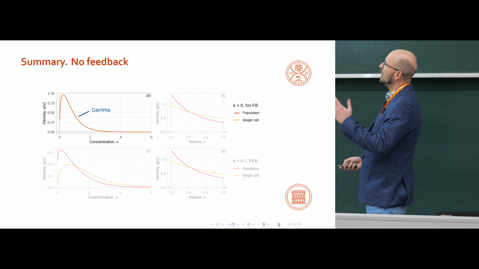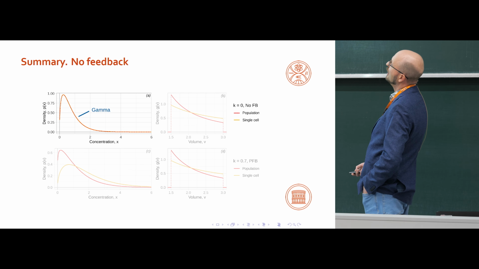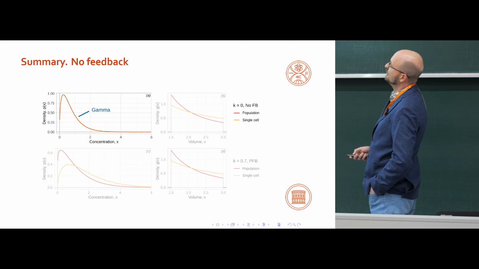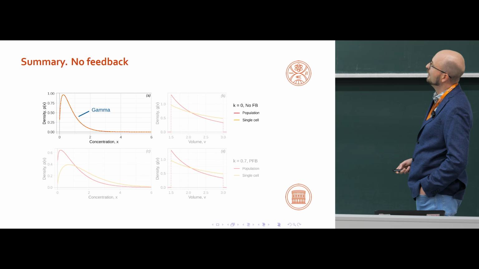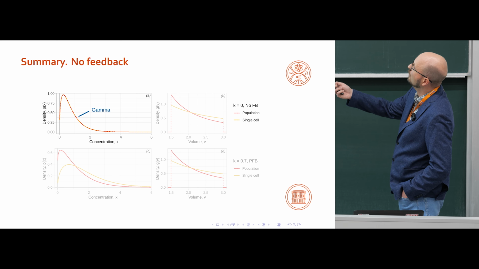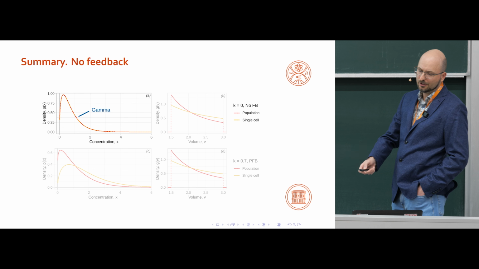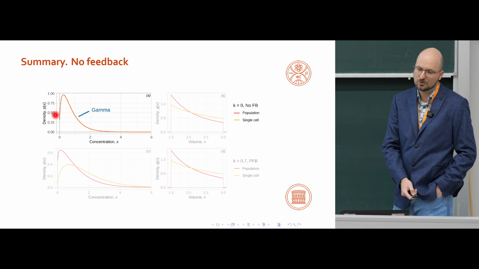And then the columns are concentration and volume. These are distributions, right? Large time distributions. And we look at population distributions and single cell distributions for each combination of these two things. So when you don't have feedback, population and single cell have the same distribution, a gamma distribution, which is well known from earlier studies.